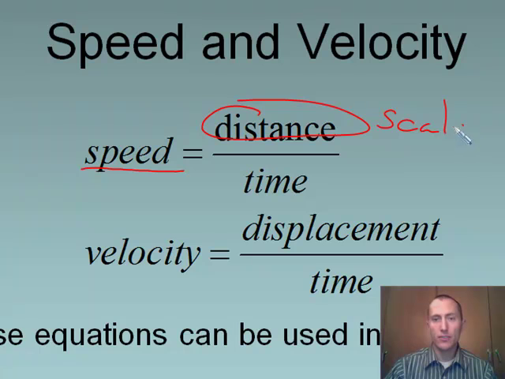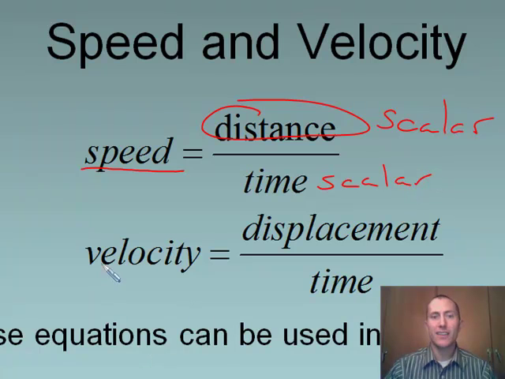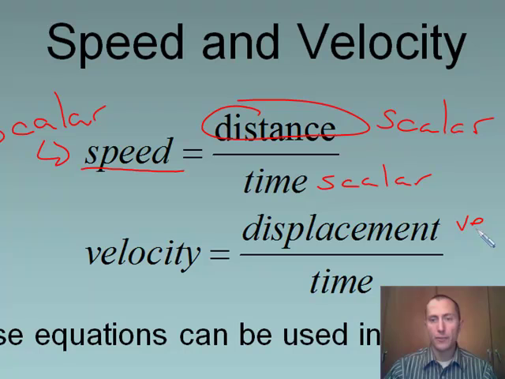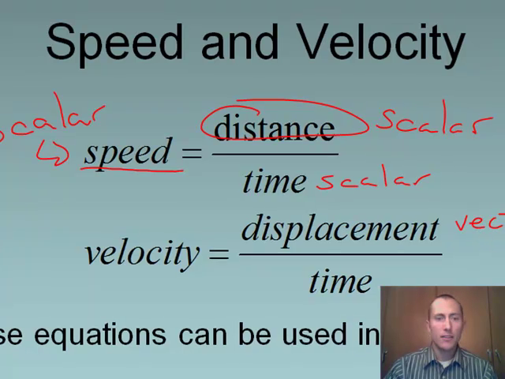And so the speed of an object is a scalar quantity. Velocity, on the other hand, is displacement over time. And because displacement is a vector quantity, we have a vector divided by a scalar, the velocity is a vector quantity.